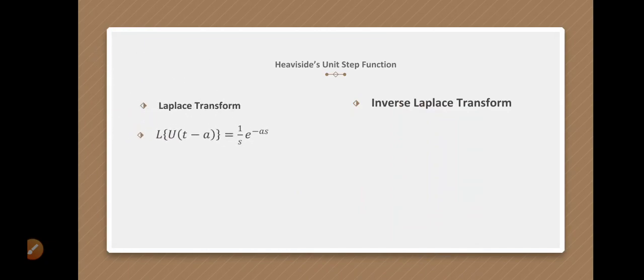The first result we have seen is L of u of t minus a equal to 1 upon s e raised to minus as. Therefore, taking inverse LT on both the sides of this result, we get L inverse of 1 upon s e raised to minus as equal to u of t minus a.